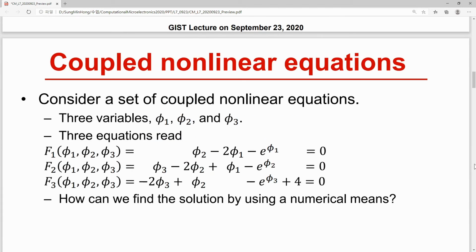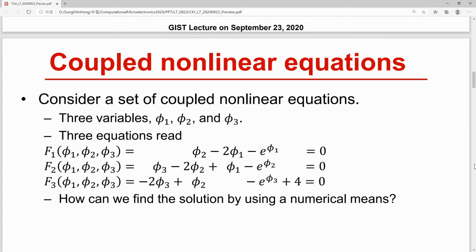I have spent my time to explain the Newton method. There was only a single unknown variable and the equation was nonlinear. But in our Poisson equation, actually we have various unknown variables.